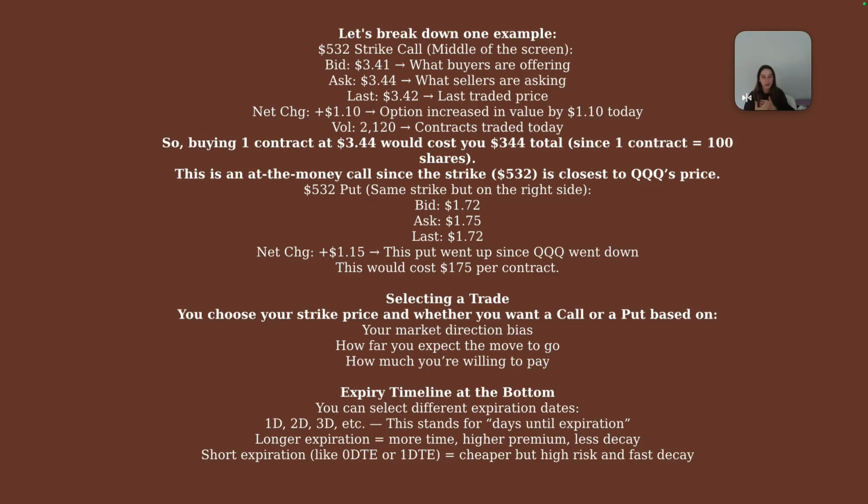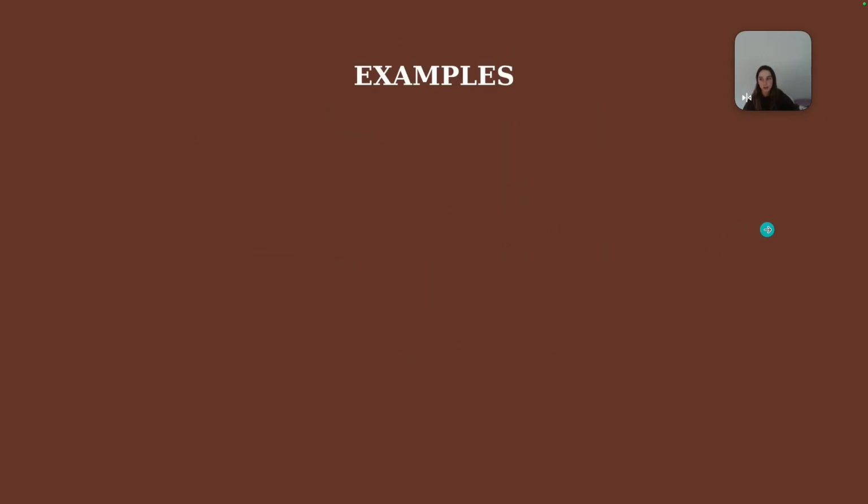The less time you have on the contract, the more it will just start to lose value because you just don't have time on it anymore, if that makes sense. So longer expiration, higher cost, but you're not going to experience as much decay of the contract.